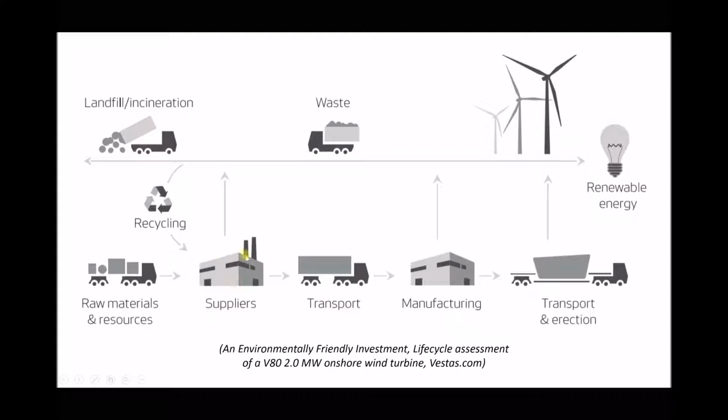Now, the suppliers of the raw materials need to transport those to the manufacturers. So again, there's going to be energy costs and carbon dioxide produced as a result of that. Then we have manufacturing, which is the production of each of our wind turbine components. Once the components are manufactured, they need to be transported to site so that the components can be installed. Once all of that has taken place, we have our wind turbines in position and they can begin their operating life.